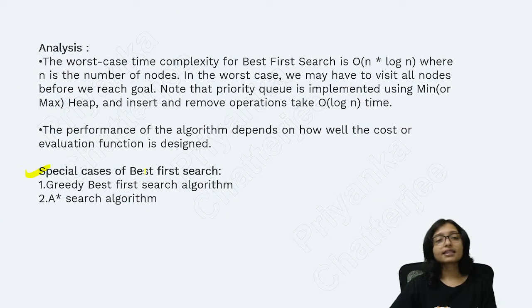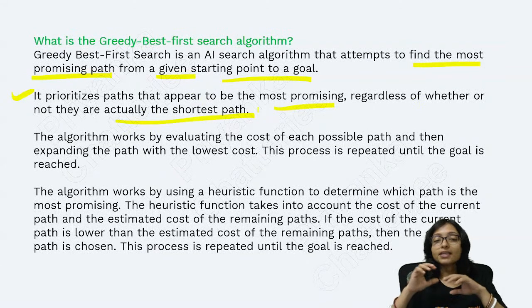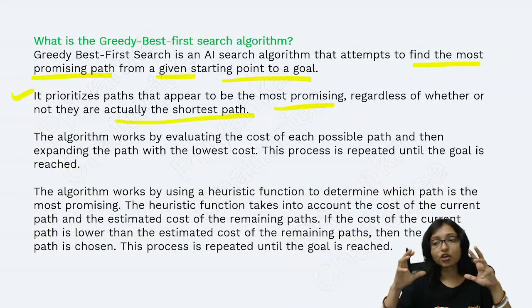And when we did greedy best first search, what was greedy best first search? Greedy best first search attempts to find the most promising path from a given starting point. If it prioritizes the path, then the most promising will actually be the one which is shortest. What is the main concept of greedy?